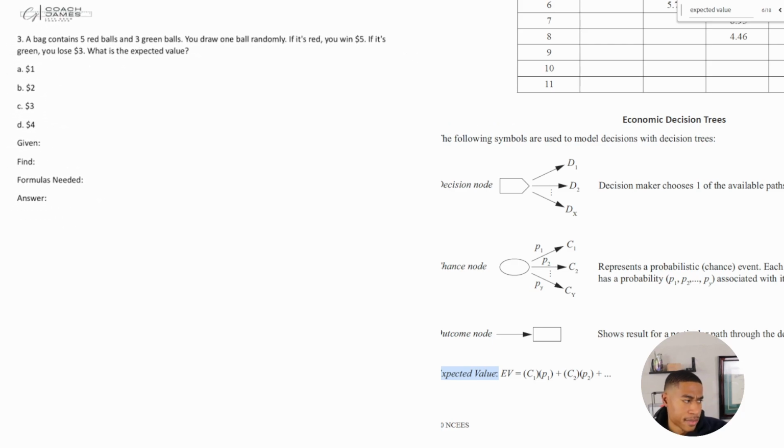All right, so number 3, a bag contains 5 red balls, 3 green balls. You draw one ball randomly. If it's red, you win $5. If it's green, you lose $5. What is the expected value? All right, so you're given 2 types of balls and the amount.